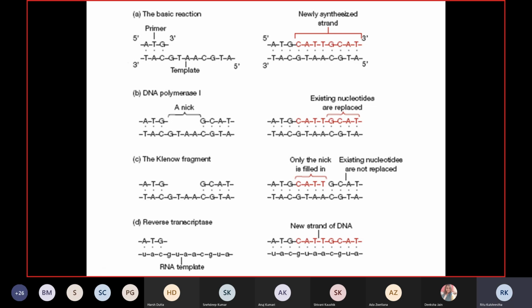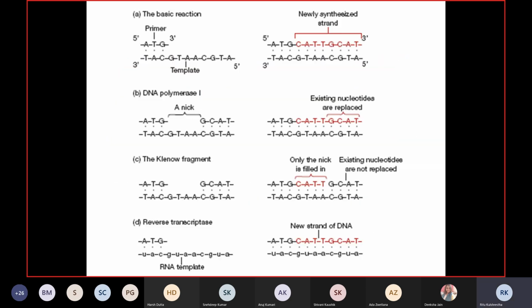Another enzyme is reverse transcriptase, and in this case it is using RNA as a template, and against each RNA nucleotide it is adding the corresponding DNA nucleotides.